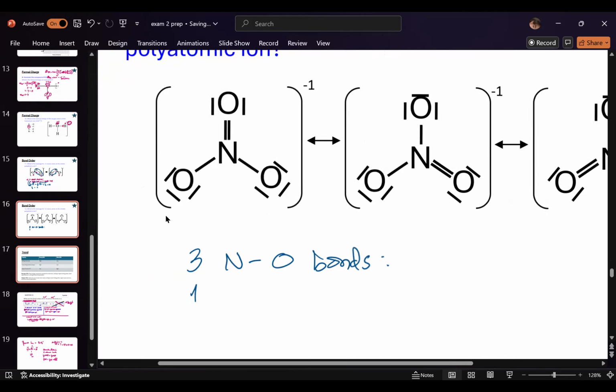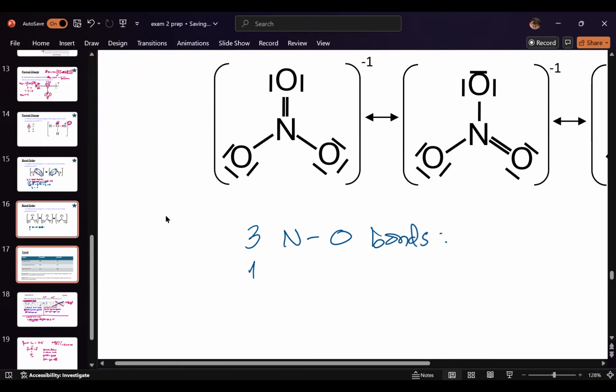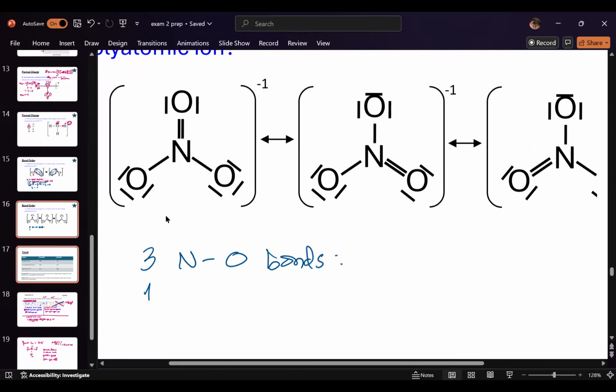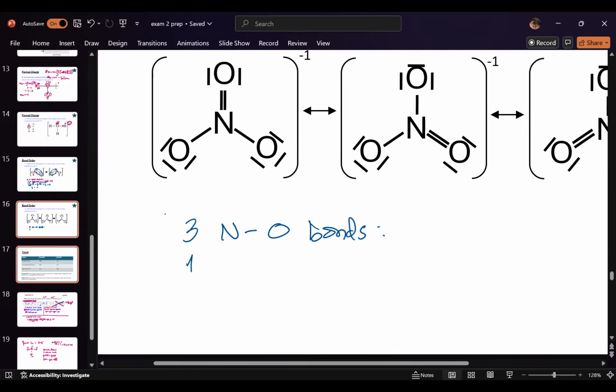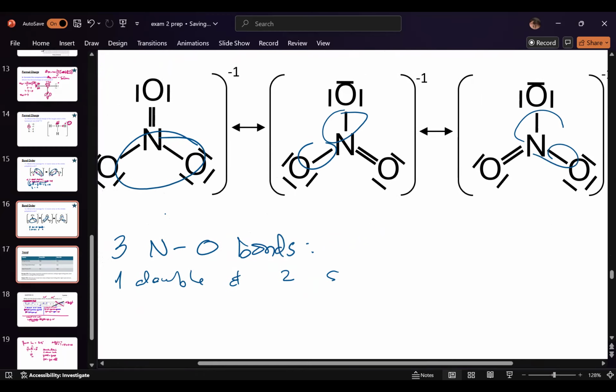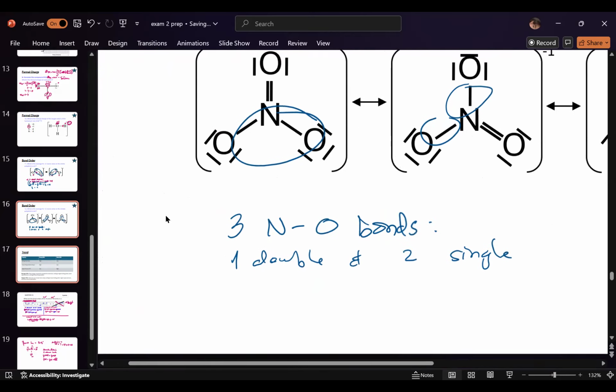In these 3 NO bonds, you have 1 that is a double bond, like you see in the structures. 1 double bond. But you also have, in every structure, 2 sigma bonds, right? All throughout. So 2 single. Now you actually translate what double and single mean.